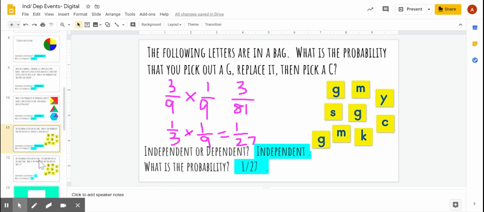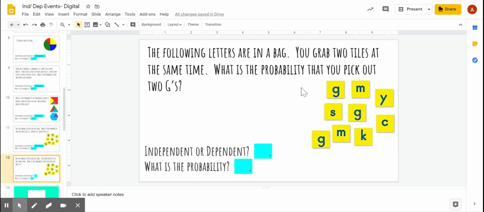Okay, one more problem for us to do together, and then you have some practice to try on your own. So same idea, there's our letters. We're going to grab 2 tiles at the same time. What's the probability that we pick out 2 G's? Ooh, okay, this one is a little bit different. We're picking 2 at the same time.